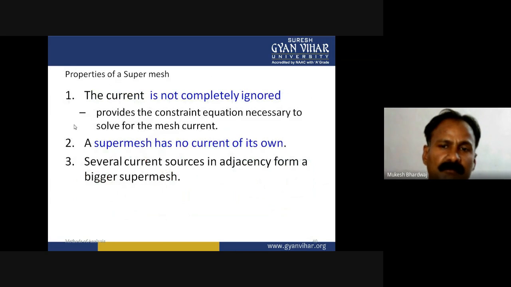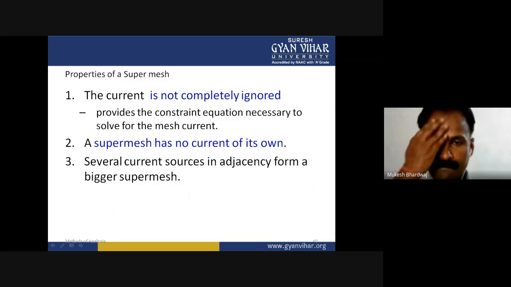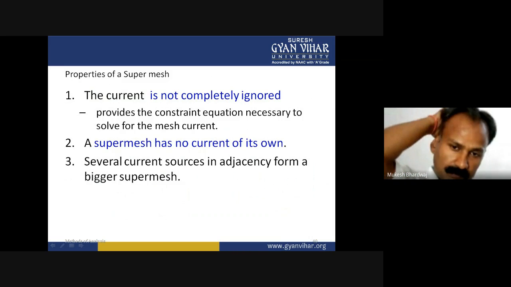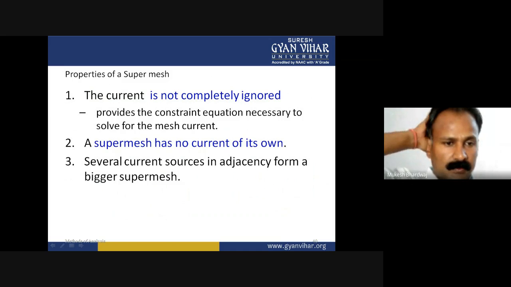The current source is not completely ignored; it provides a constraint equation necessary to solve for the mesh currents. A super mesh has no current of its own. Several current sources in adjacency form a bigger super mesh.